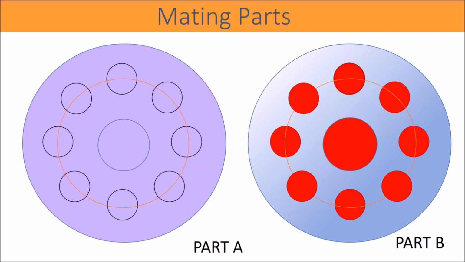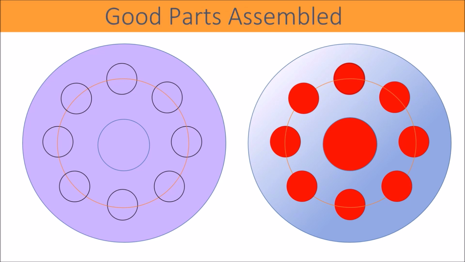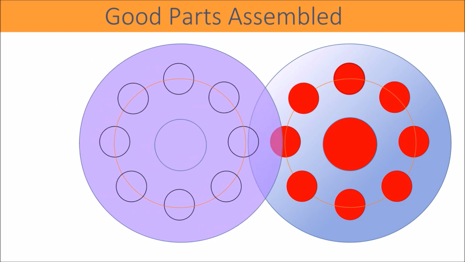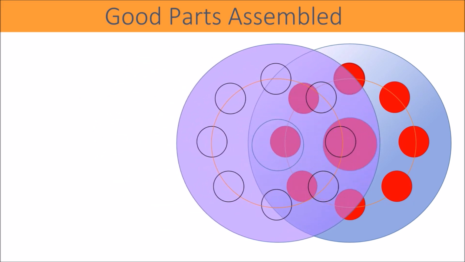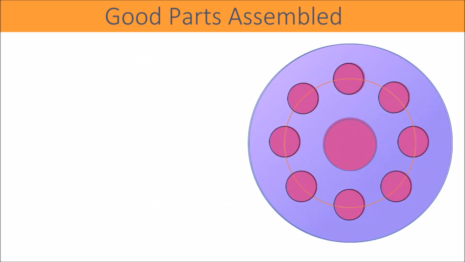To explain it more clearly, a 2D drawing is shown rather than a 3D. Suppose both parts are manufactured perfectly as good parts. When assembly is performed on those two parts, all PCD features and the center feature match perfectly as shown.